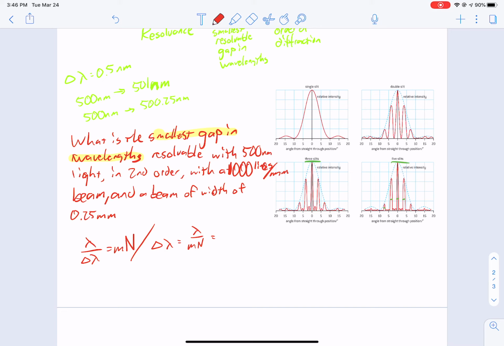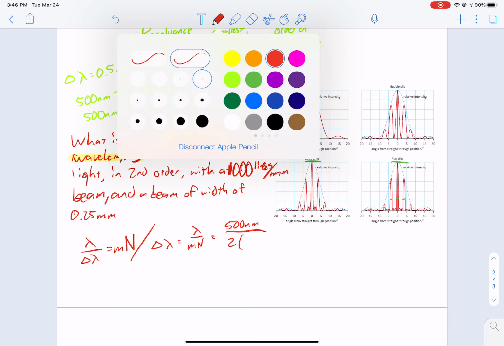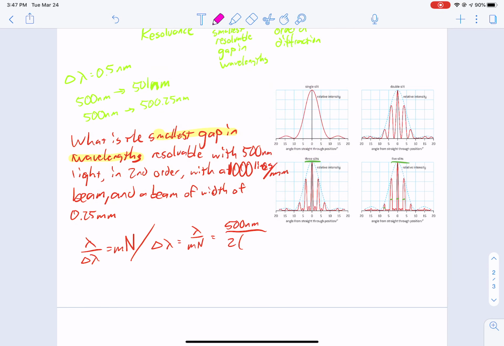Our wavelength is 500 nanometers. Our order, it did tell us, is a second order. So we'll put a 2 right there. And N. N is the number of illuminated slits. Well, I know I have 1,000 lines or slits per millimeter, and the beam is 0.25 millimeters.